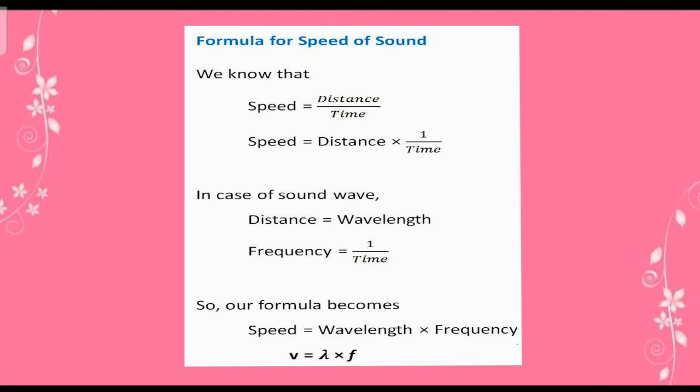And then in the case of the sound wave, the distance is equal to wavelength and the frequency is 1/time period. So we can conclude that our formula becomes speed equals wavelength times frequency, where the unit of V is meter per second, lambda is meter, and frequency is hertz.